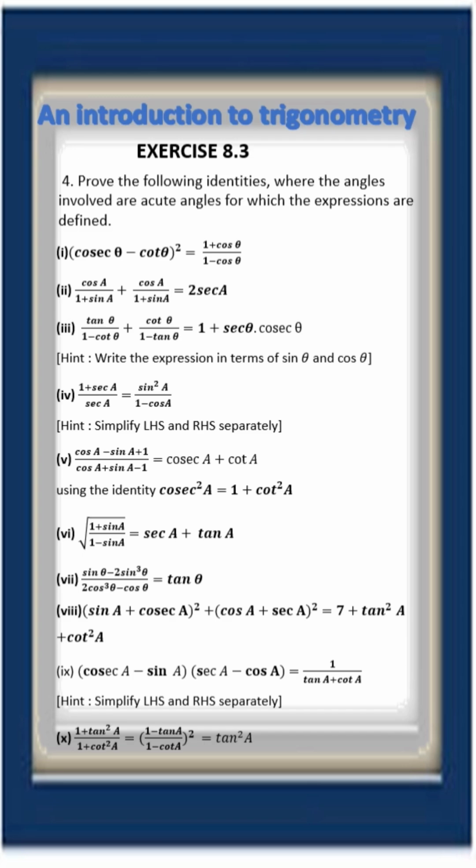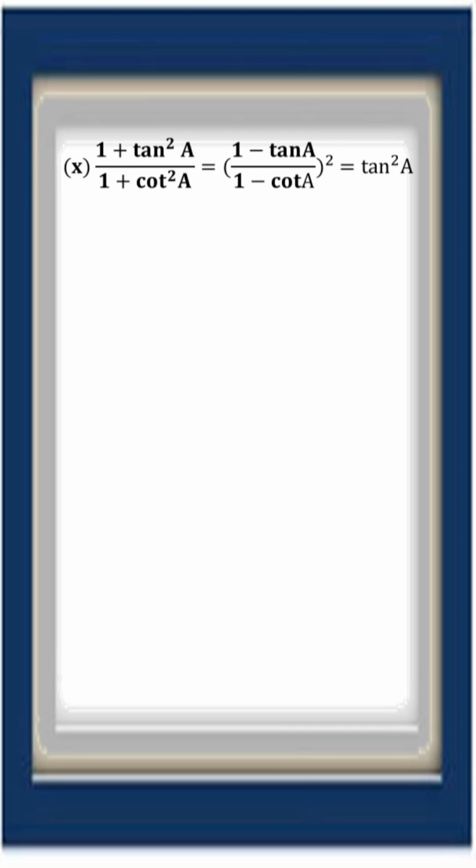Now let us solve question number 10, that is 1 plus tan square A upon 1 plus cot square A is equal to 1 minus tan A upon 1 minus cot A, the whole square, is equal to tan square A. Now let us take this part. If we see the problem, we can clearly say that this is a Pythagorean identity.